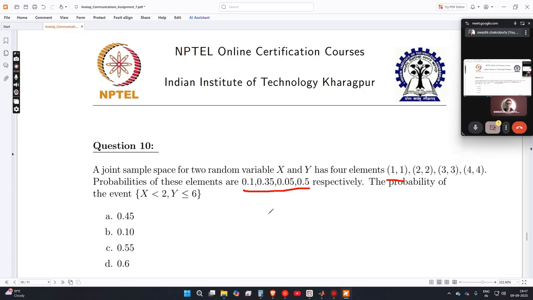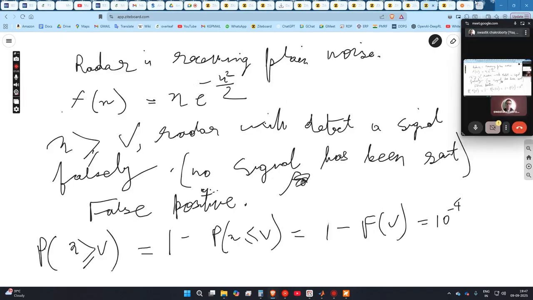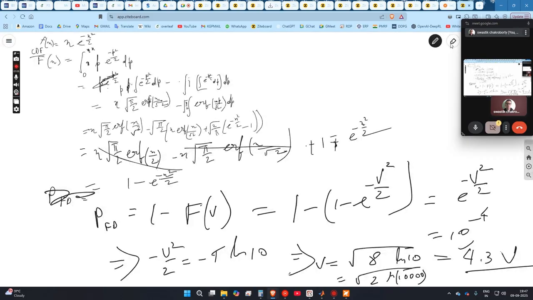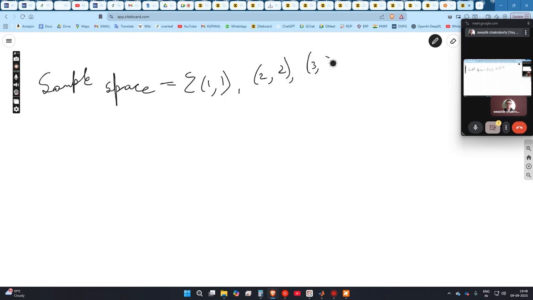Find the probability that x is less than 2 and y is less than or equal to 6. This is the probability you have to find. And the sample space is equal to (1,1), (2,2), (3,3), and (4,4).